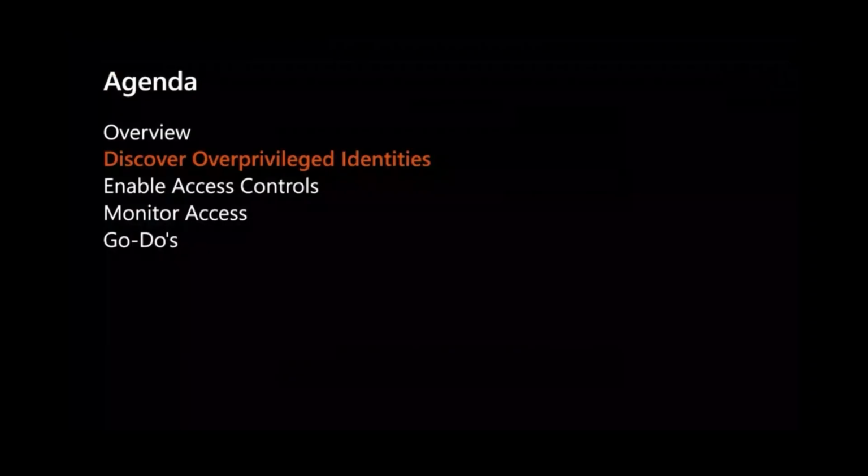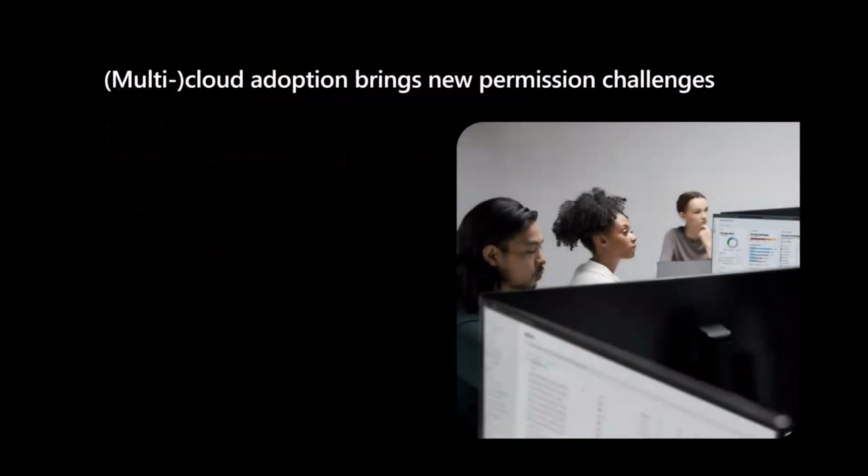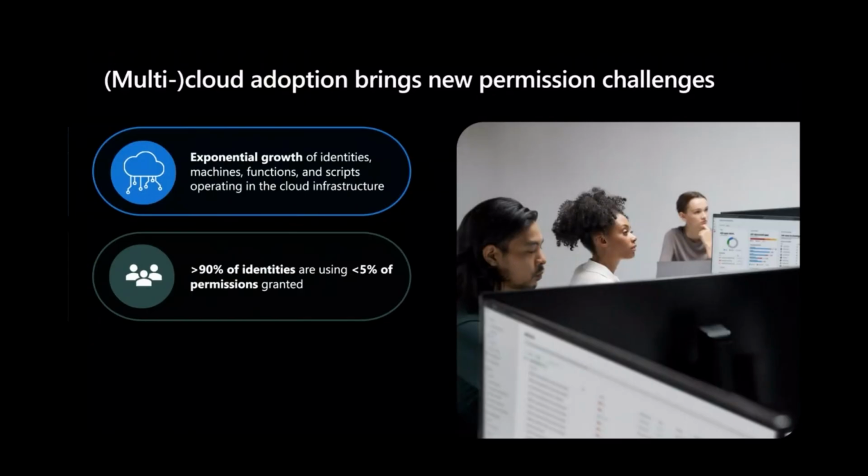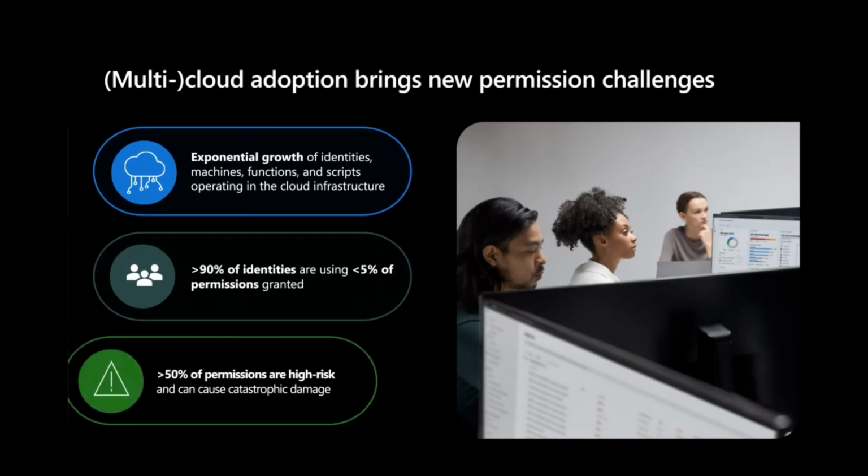So at this point, we're going to talk about discovering overprivileged identities. And on the next slide, if we're able to advance it, we're going to talk through a few challenges that multi-cloud adoption is bringing. I believe there's a third bullet as well. If we click one more time, beautiful, where we're talking about the general growth that we're seeing as organizations are multi-cloud and moving toward multiple clouds.